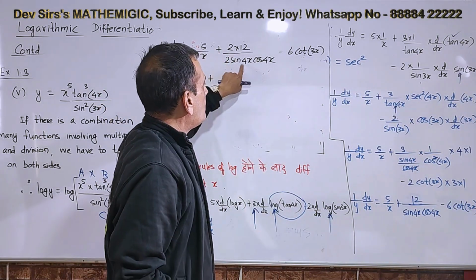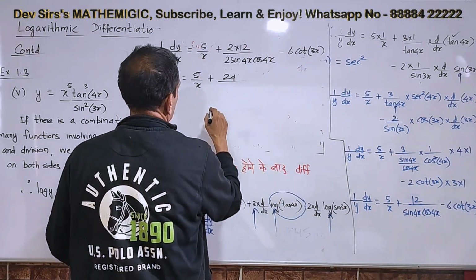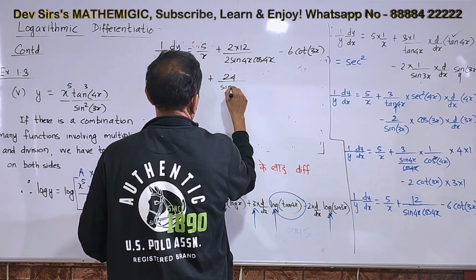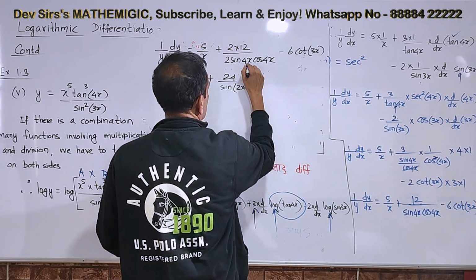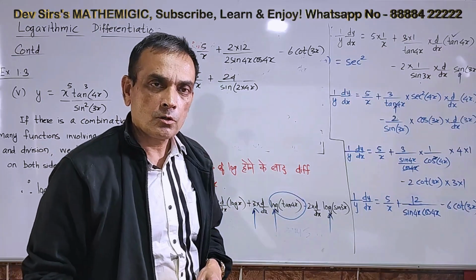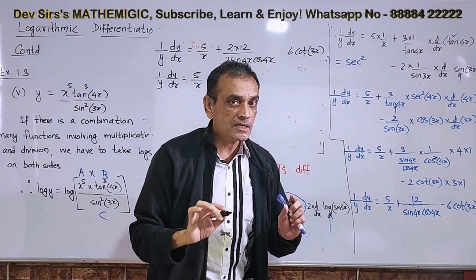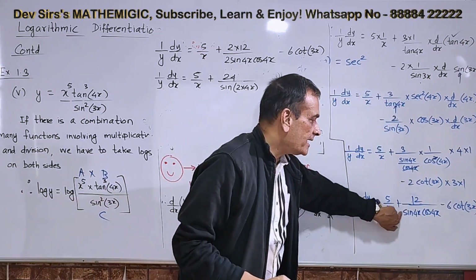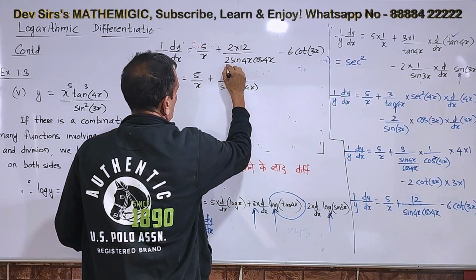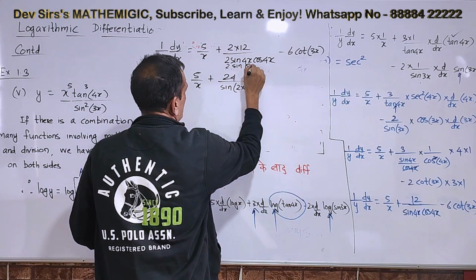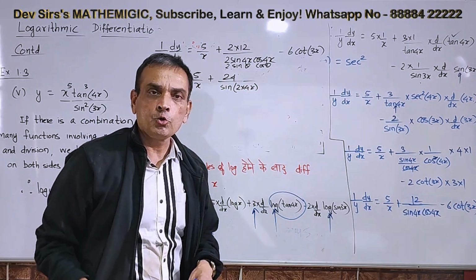Now use the formula 2 sin theta cos theta is sin 2 theta. This is theta. Multiply it by 2. Standard formula. Clear? This step is very important. Multiply and divide by 2. You get 2 sin theta cos theta. See, 2 sin theta cos theta is sin 2 theta, that is sin 2 into 4x.